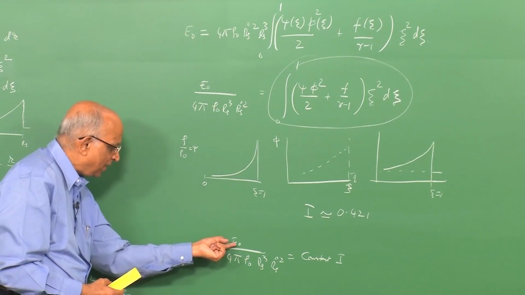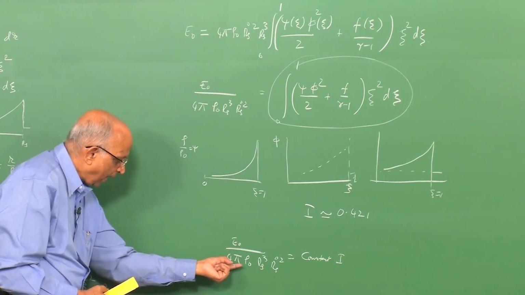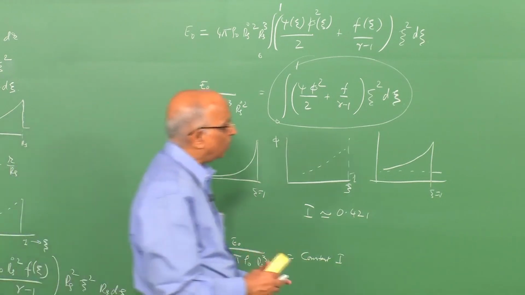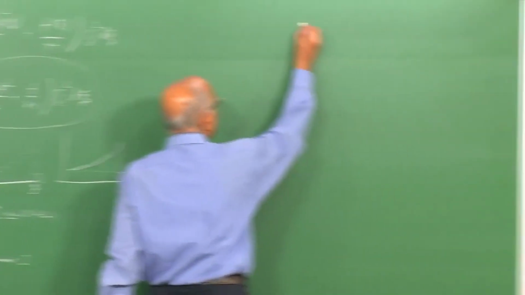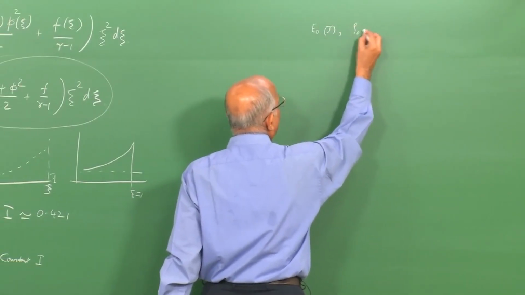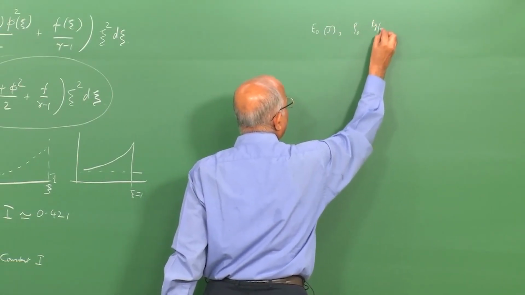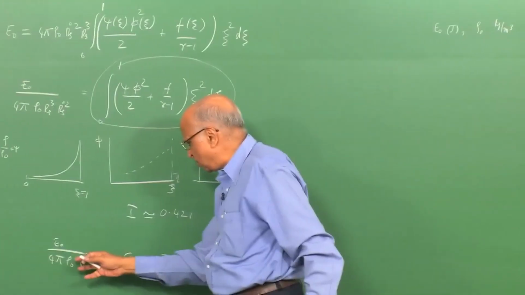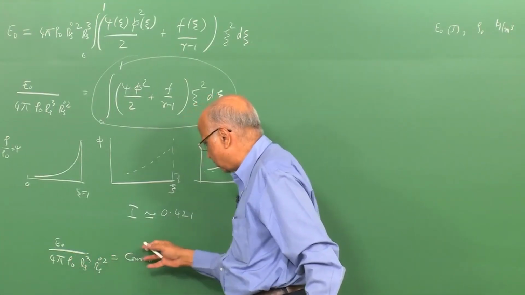Well, for a given energy release E0 joules in a given medium of density rho 0 kilogram per meter cube, what is it I get? E0 I have specified, rho 0 I have specified, therefore, it is a constant.